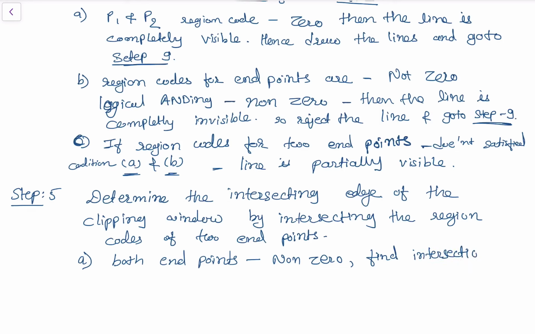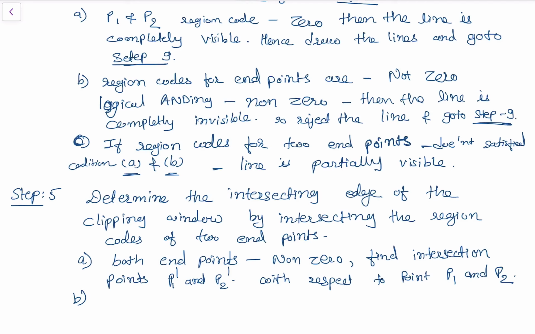intersection points P1 dash and P2 dash with the boundary edges of the clipping window with respect to point P1 and point P2 respectively.